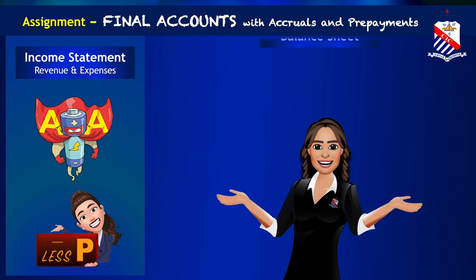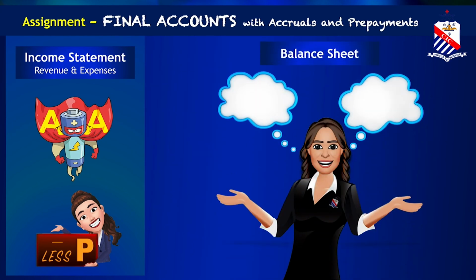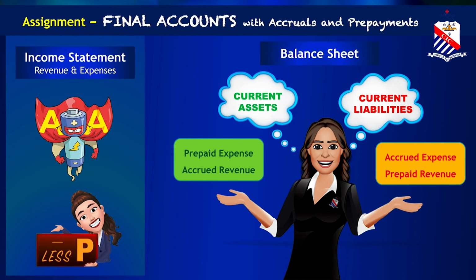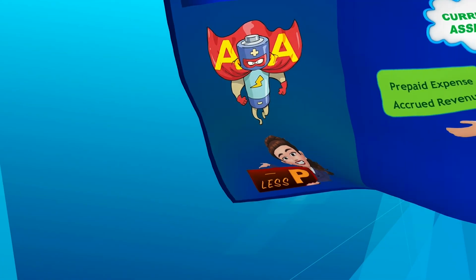And then for your balance sheet, your focus is on identifying the accrual and prepayment in terms of current assets and current liability. And you just have to remember that your current assets would be your prepaid expense and your accrued revenue, and your current liabilities would be your accrued expense and your prepaid revenue. Simple.